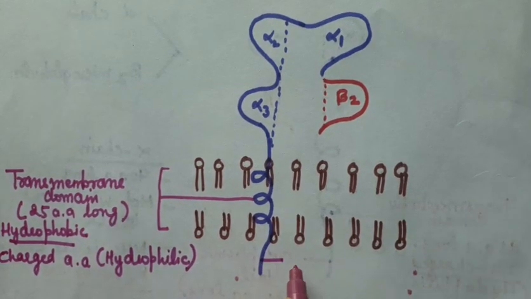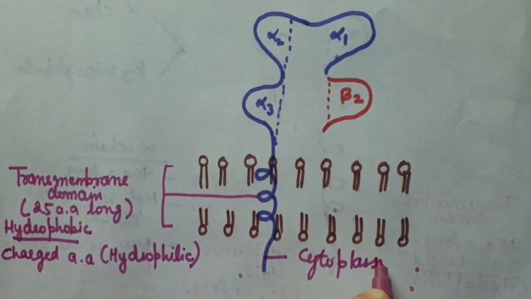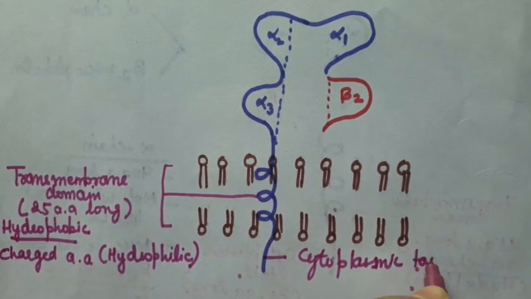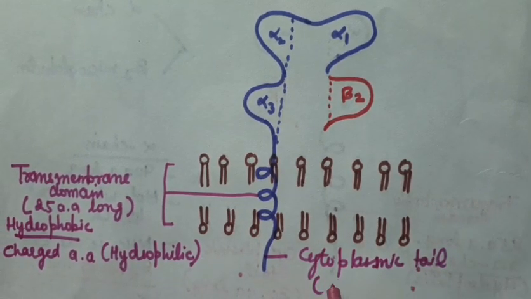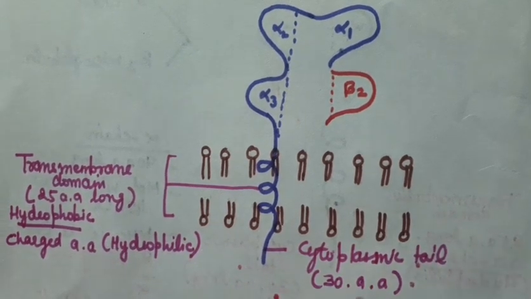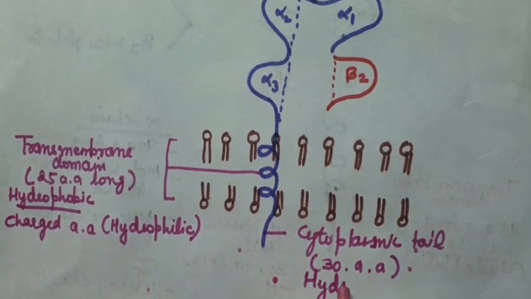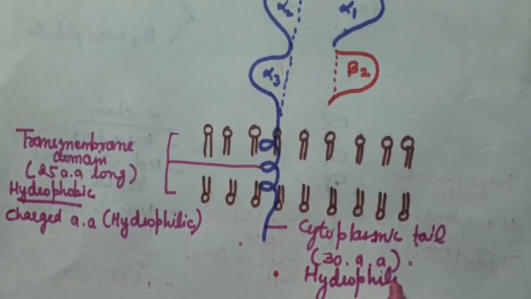Then there is a free end which is called the cytoplasmic tail. It is about 30 amino acids long, charged and hydrophilic in nature.